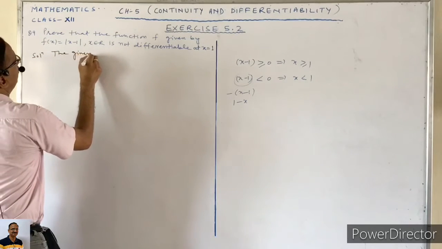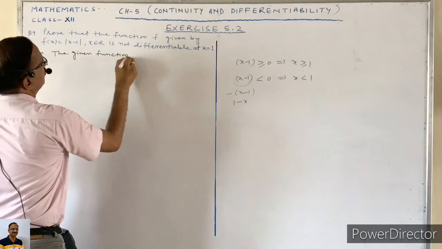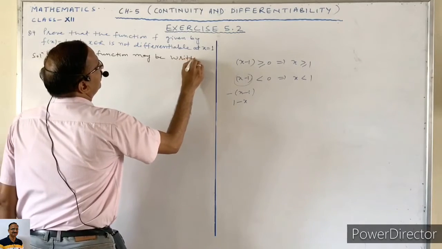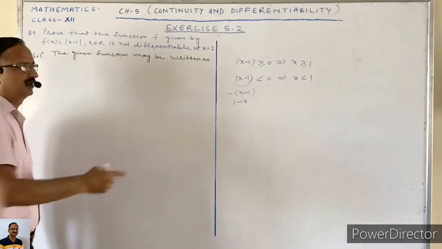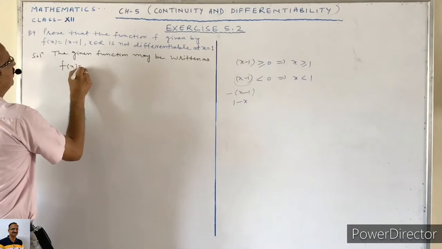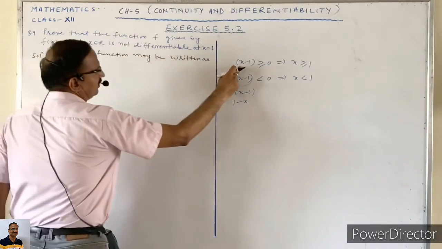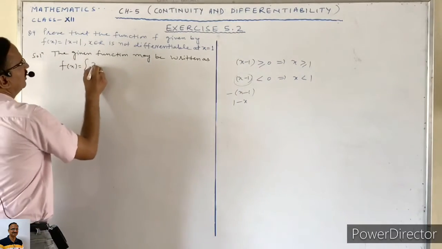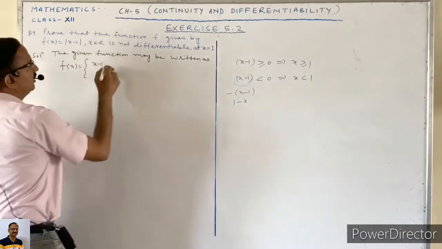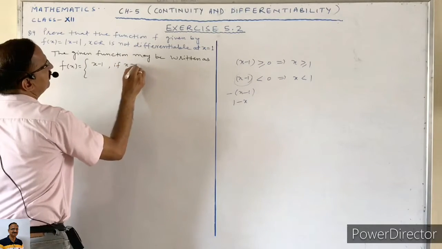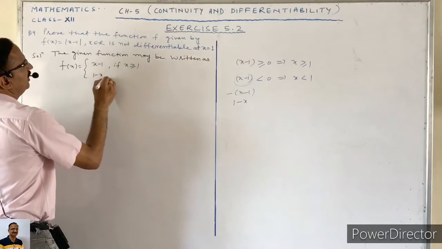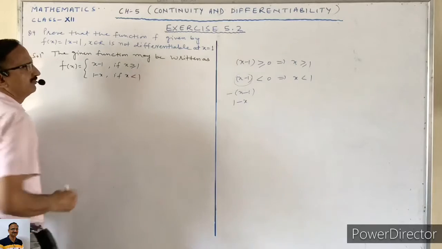the given function may be written as. With the help of this, we can write f(x) equals x minus 1, which is positive, when x is greater than or equal to 1, and 1 minus x if x is less than 1.